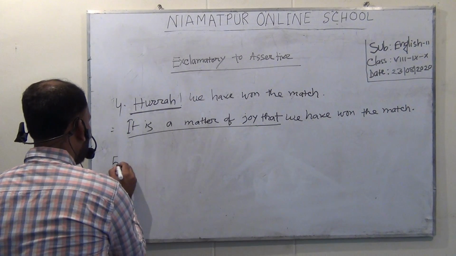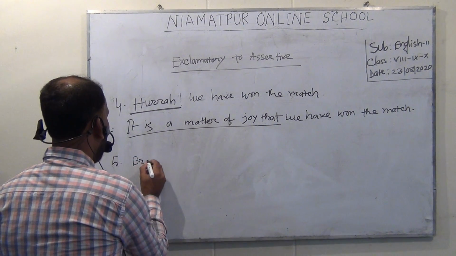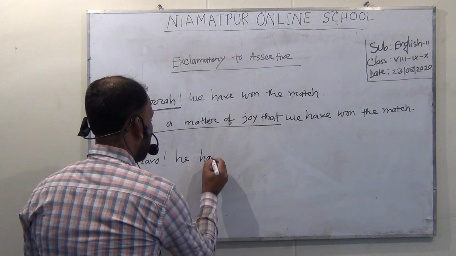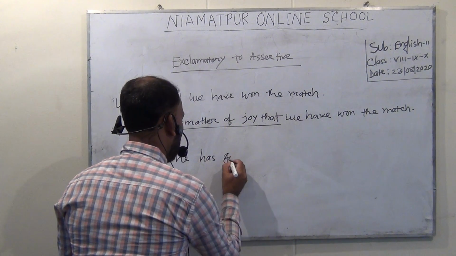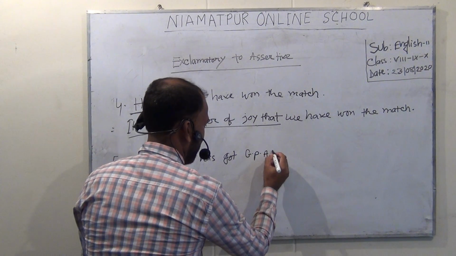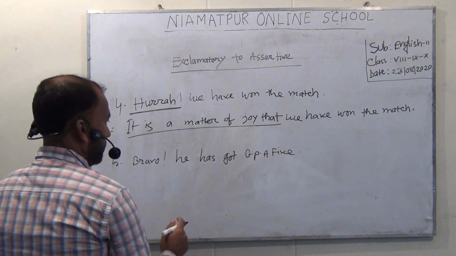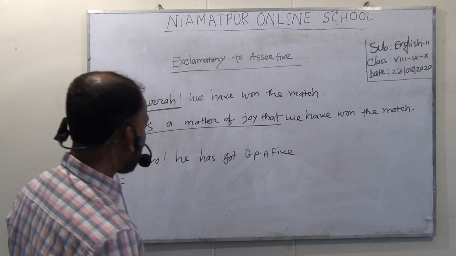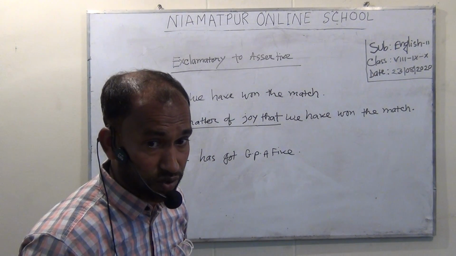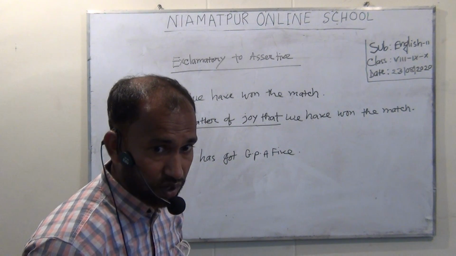Suppose, bravo, he has got GPA 5. GPA 5. This time we can use it's a matter of joy that. This is also a situation of enjoyment or joyful condition.